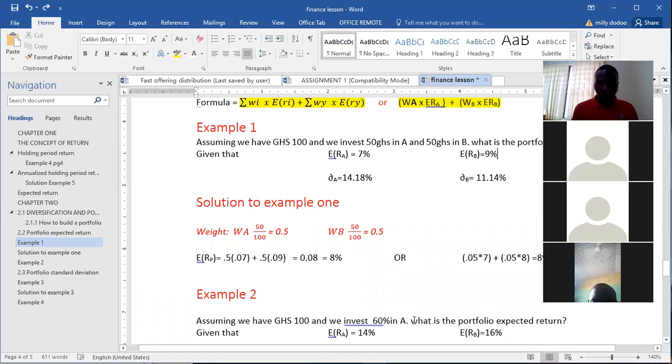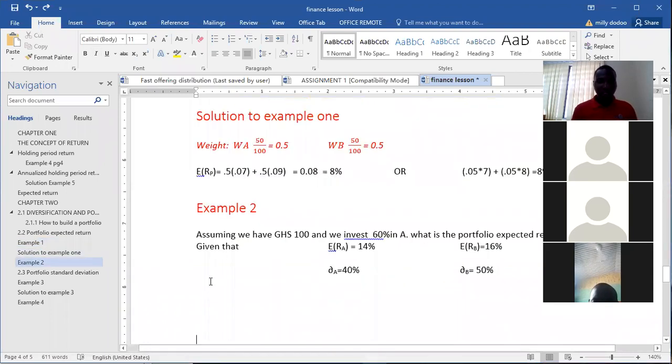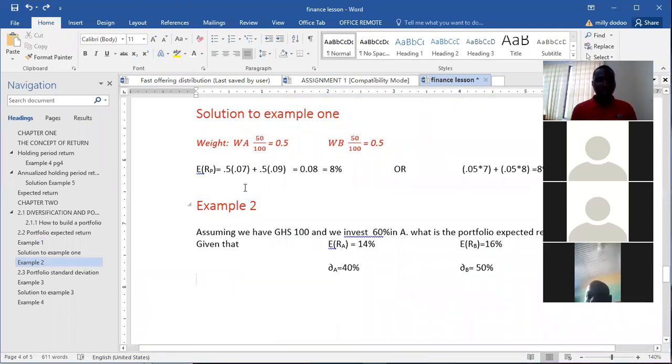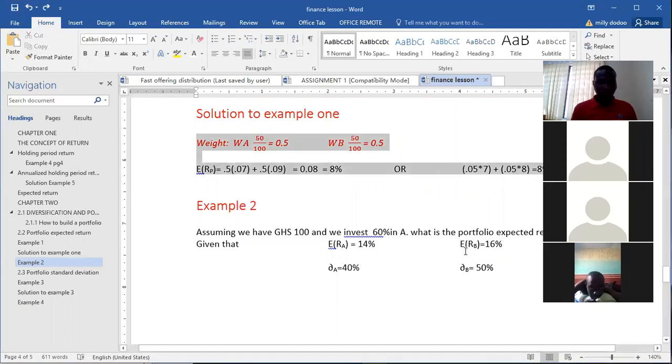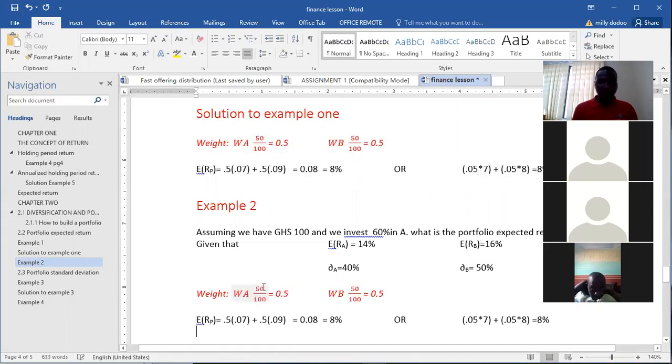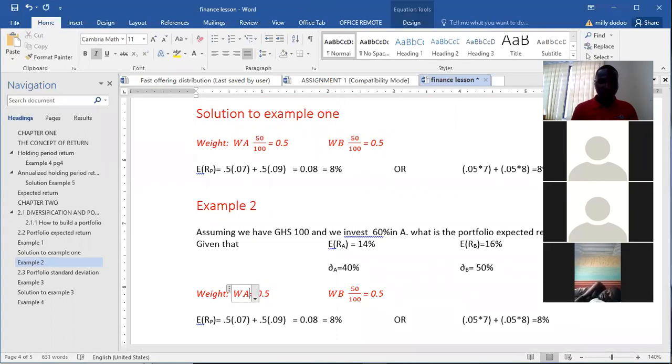So how then did we get this 14.8? We said that the money we are investing, we invested 60% in A. So the weight of A is 60%.